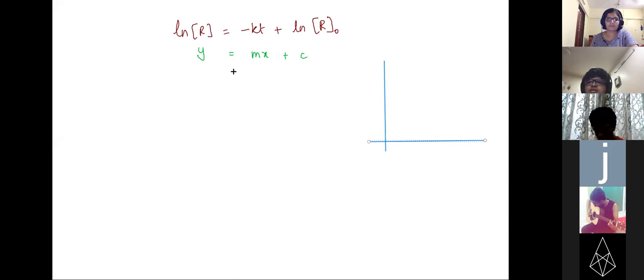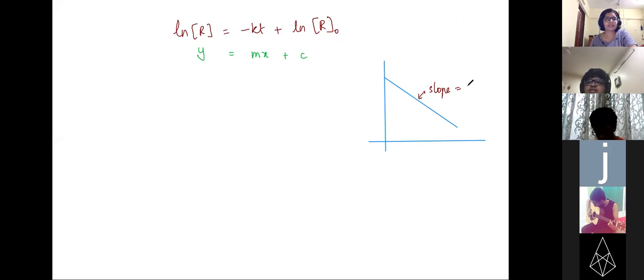It will be a similar graph to the last one. Y equal to mx plus c is going to be a straight line. But is it the same as last time though? No. So what will its slope be? Just look at the equation and figure out what the slope will be.